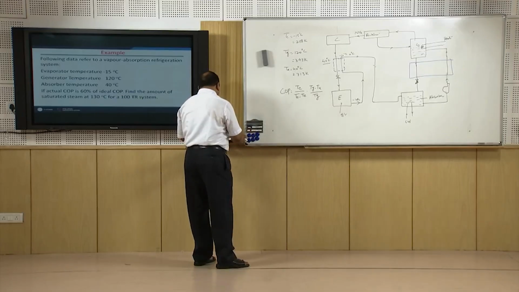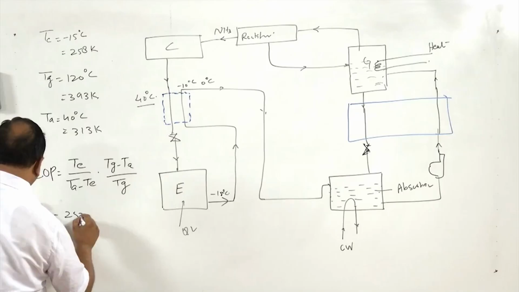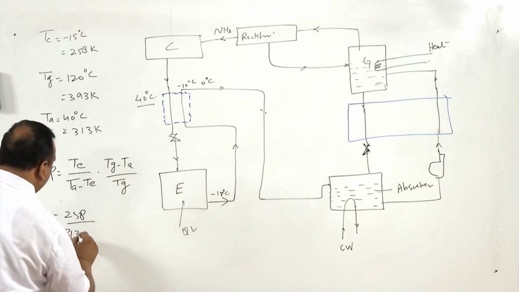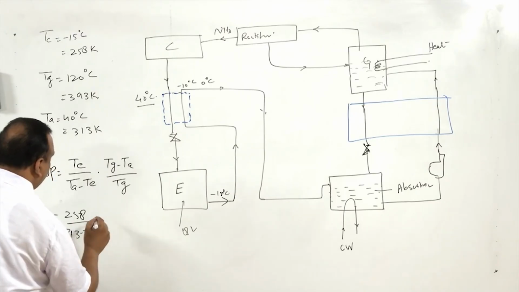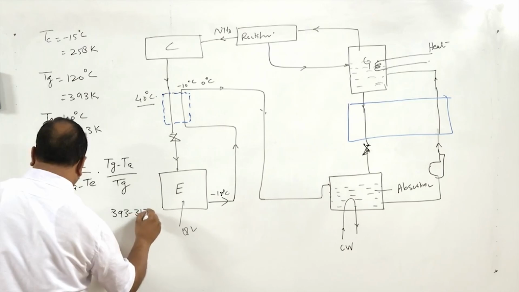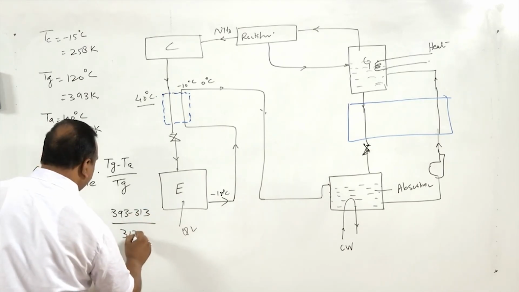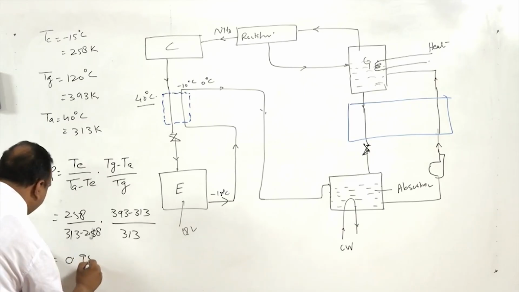If I put in the respective values, it is equal to 258 divided by (313 minus 258), multiplied by (393 minus 313) divided by 313, and the COP I am going to get is 0.9545.